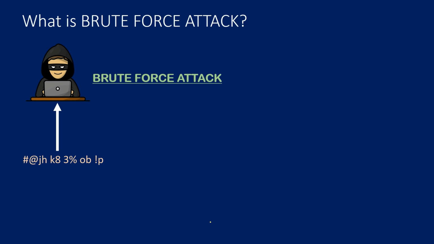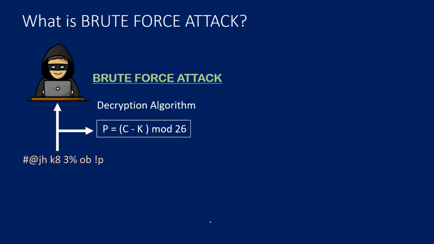Now what do we mean by this? The attacker will take the ciphertext and give it to the decryption algorithm. So this is the decryption algorithm. The ciphertext is known by the attacker. However, the key is not known by the attacker. So what does he do?